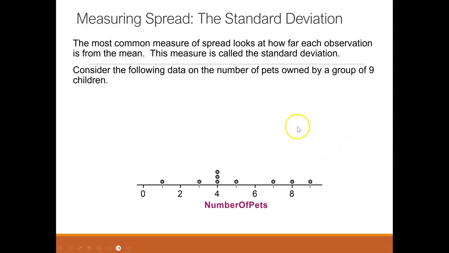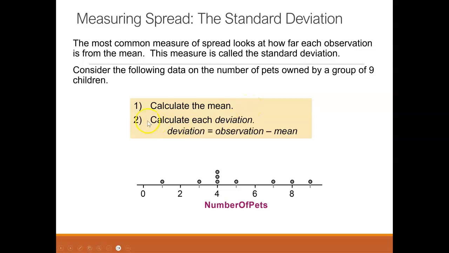All right. So to calculate a standard deviation, we're going to start by calculating the mean for the data set. Then we're going to calculate each deviation. That's the distance from an observation to the mean. In this problem, the mean is 5. So, for example, the first deviation would be the distance from 1 to the mean.